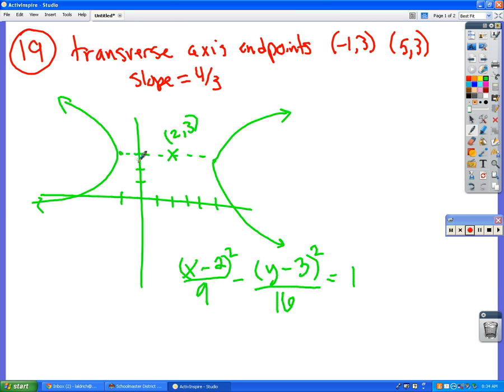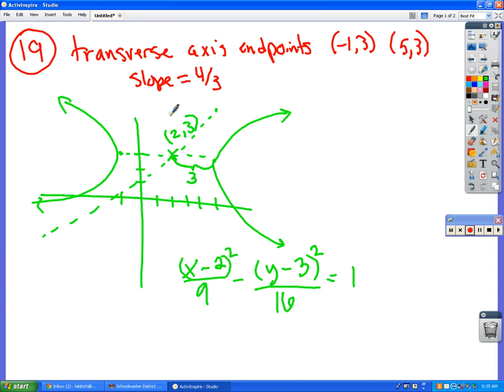It's going the other way. The length of it is 6, so we already kind of knew that a would be 3. If the slope of that asymptote is 4/3, then to find the other corner of my box, I'd have to go up 4, right? Does that make sense how those are related? And so b would be 4.